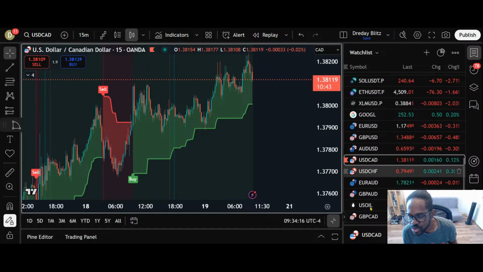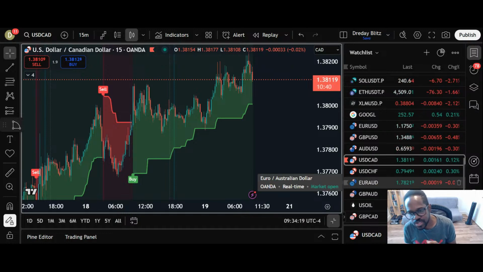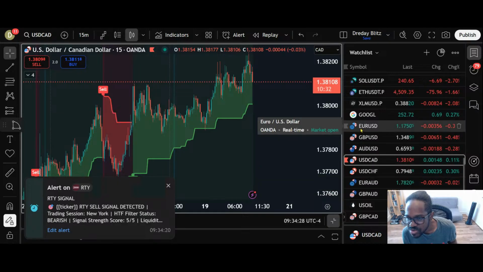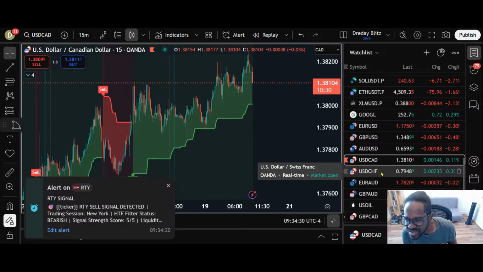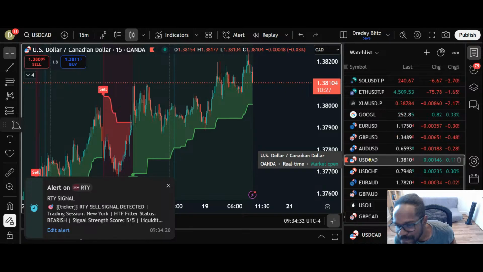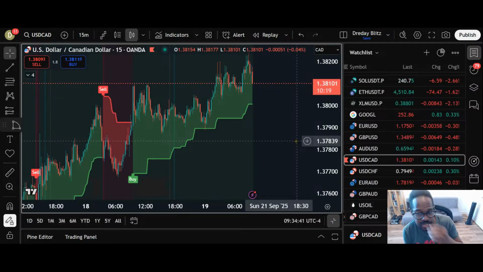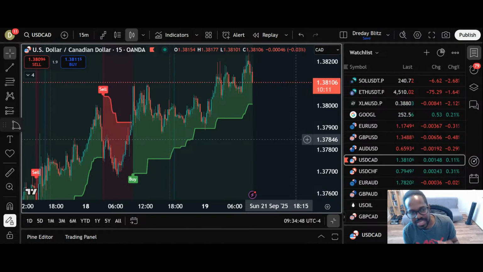All right. So always look at the correlation in regards to the indices. So we have Russell 2000 for a sell. Like I was saying, you have to make sure that you look at the actual correlation of the forex pair that you're looking at. If the DXY is going up, you have to look at something that is weaker than the USD to be able to trade it in the upside.